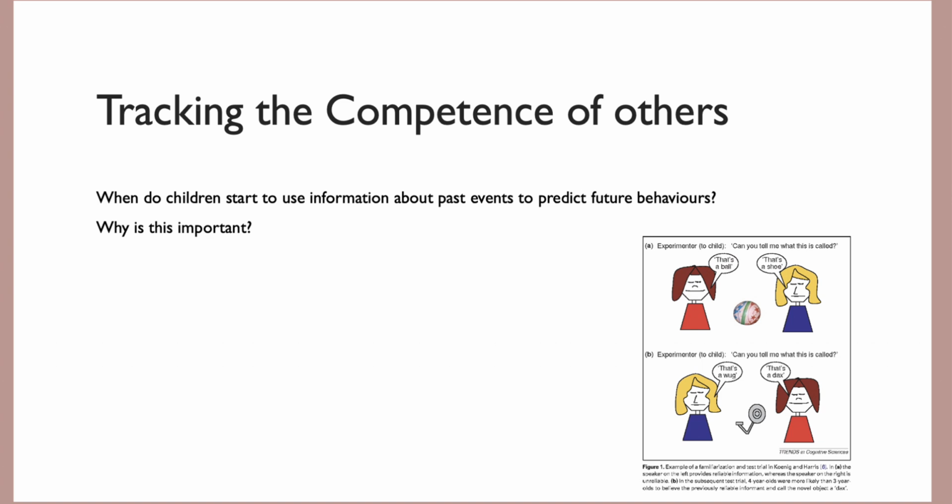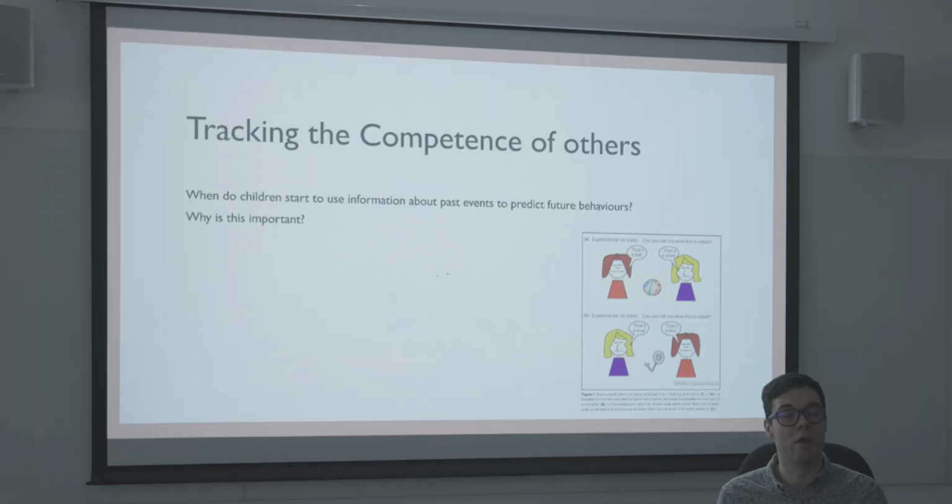And then we can ask the child, who would you ask? Or we can set up a scenario where they actually have to ask an adult, and we see which one they ask. And what we find is that at about the age of 3 or 4, they will tend to go for the person that gets the right answers.